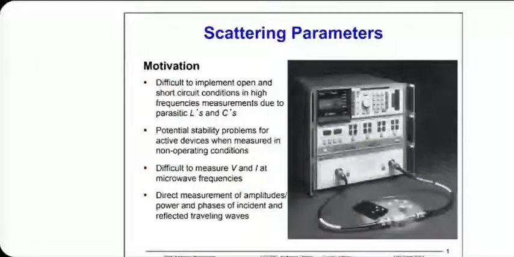Scattering parameters, motivation. They are difficult to implement. We have difficulty implementing open circuits and short circuits at high frequencies. So Z, Y, and ABCD parameters are very difficult to measure accurately, because open circuits and short circuits will not be perfect. There will be parasitic elements coming, inductors and capacitors.